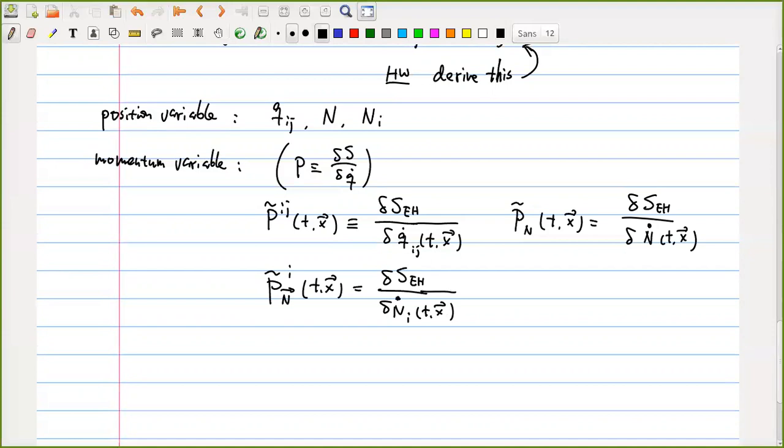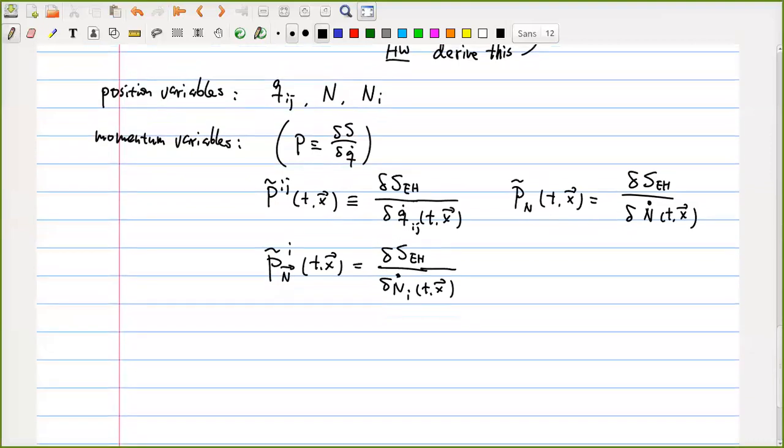So we got three different types of momentum variable, but because we are considering a field theory, and general relativity, gravity, is a field theory, all the position variables and all the momentum variables are fields, space-time fields, depending on both T and X. Here maybe I talk a little bit about how to calculate this functional derivative.